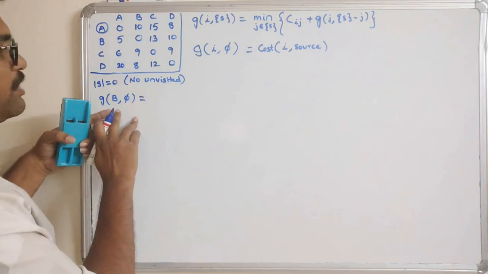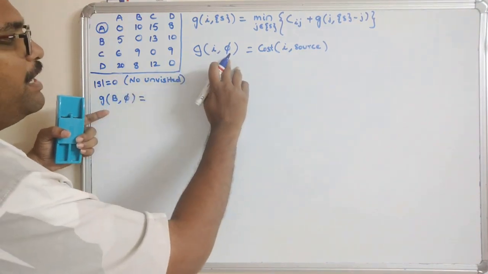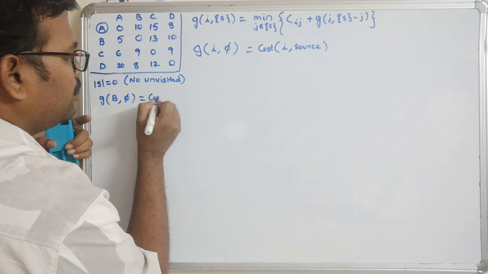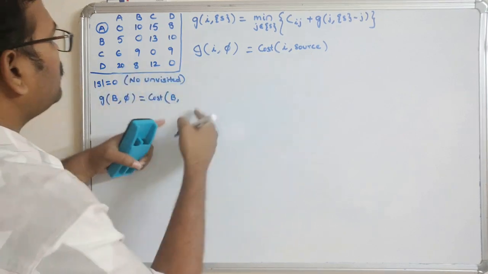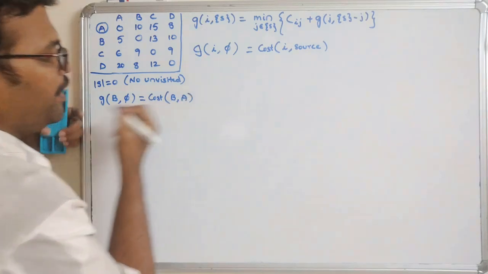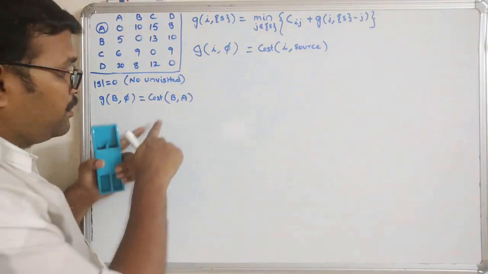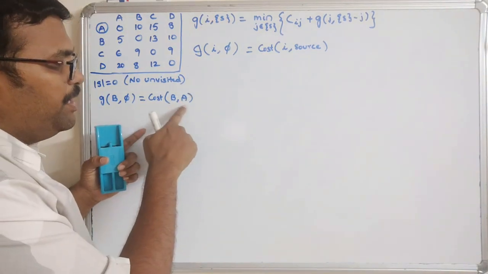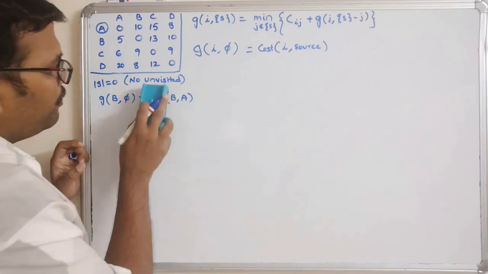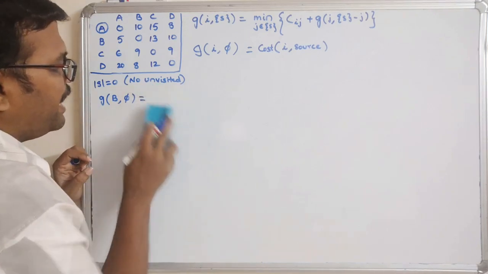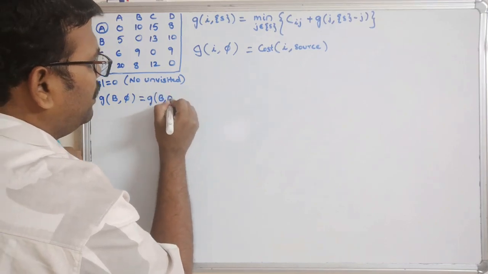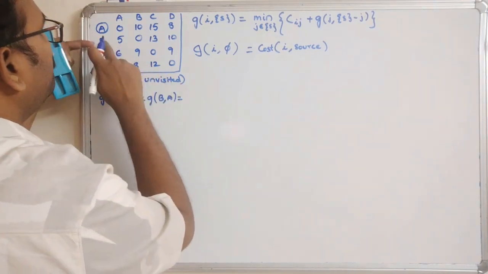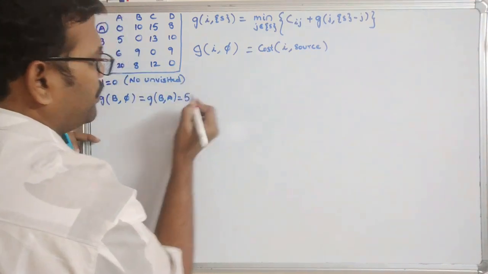What is the formula for this? G of i comma phi is the cost of i comma source. Here the source is A, so it is the cost of B comma A. We can write simply G of B comma A, which is B to A, phi.